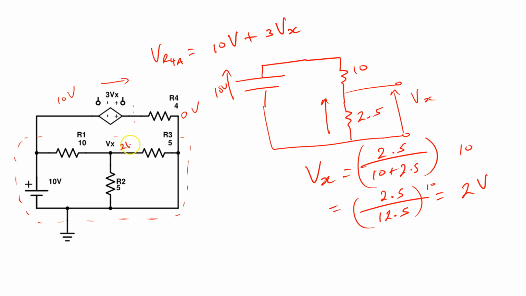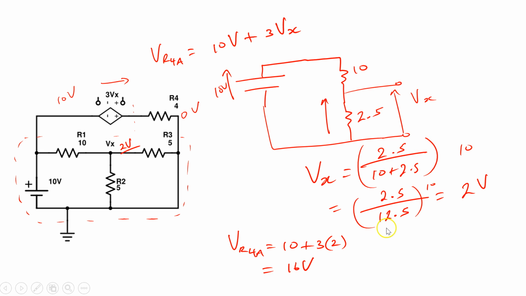So Vx is 2 volts. So 3 Vx, now we could say VR4A is equal to 10 plus 3 by 2. VR4A is 16 volts, and that is the first part.